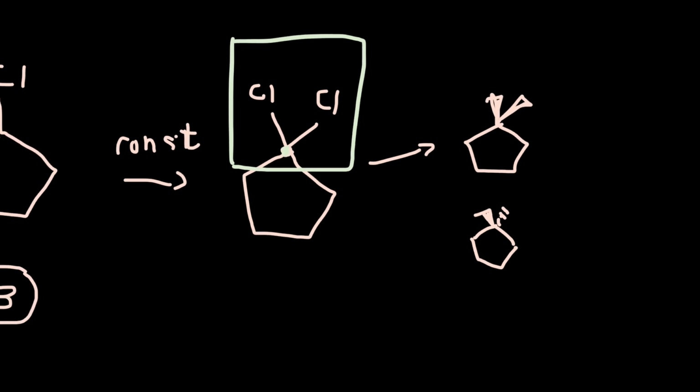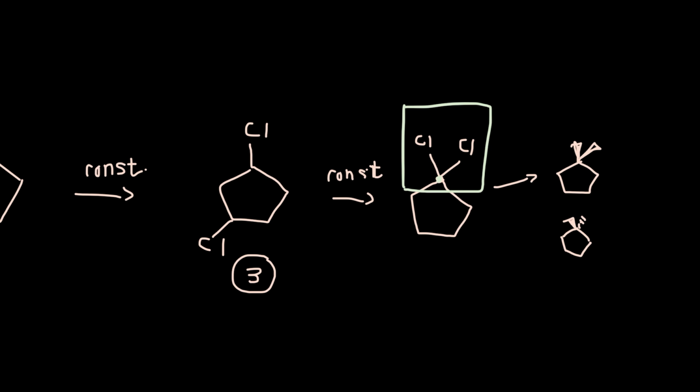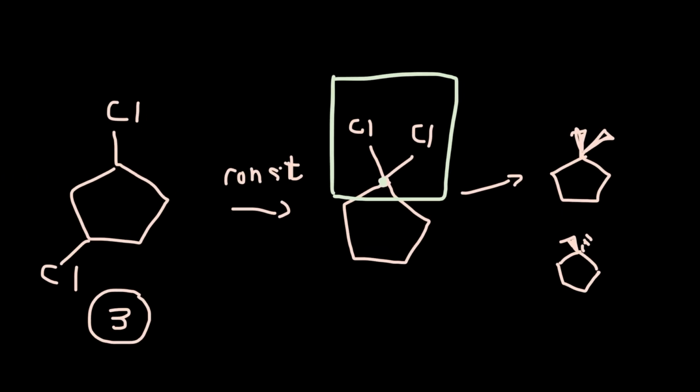So you can't be having two wedges, okay? You can't be having cis and trans. It's just a tetrahedral shape. So when two of the same substituents are on the same carbon, there's only going to be one possible isomer for that position. Okay, so you don't think that there's going to be cis or trans when they're on that position.